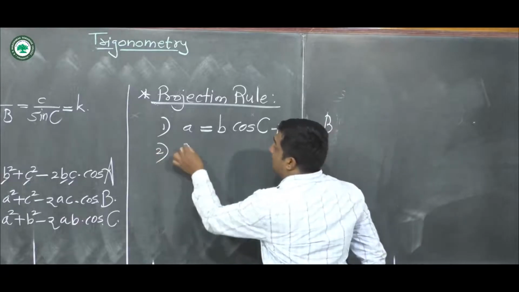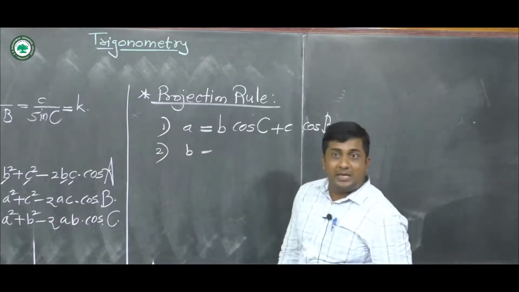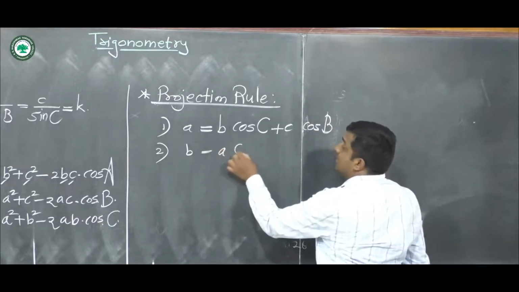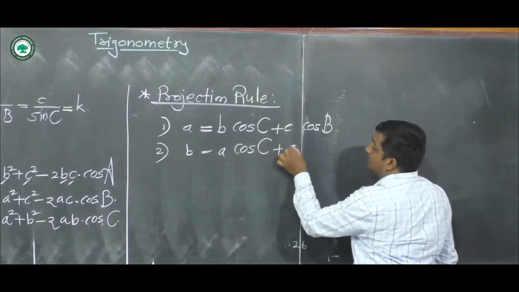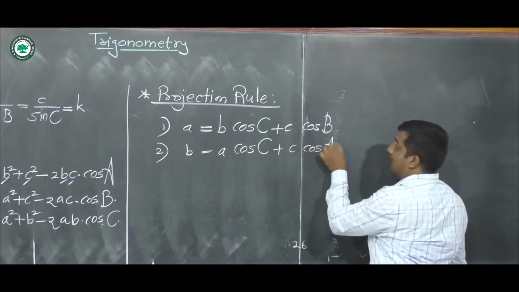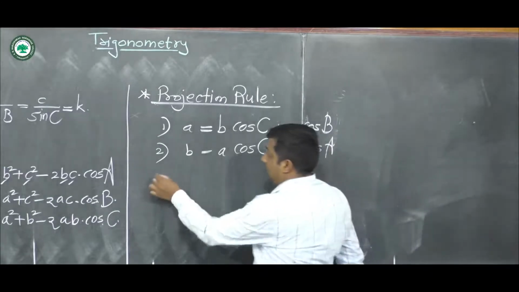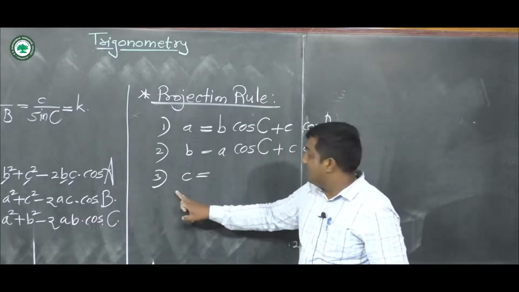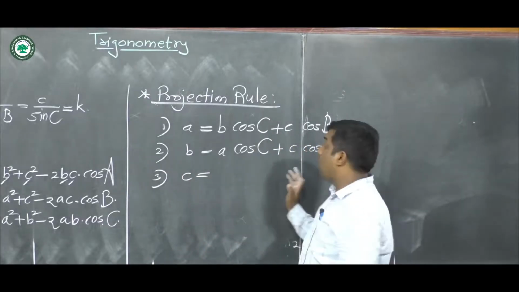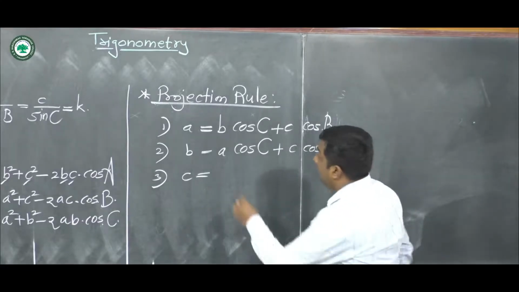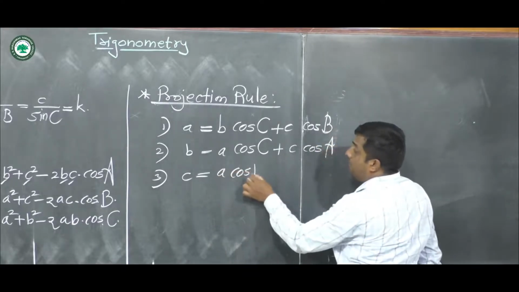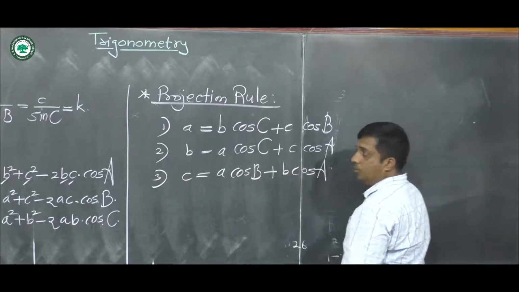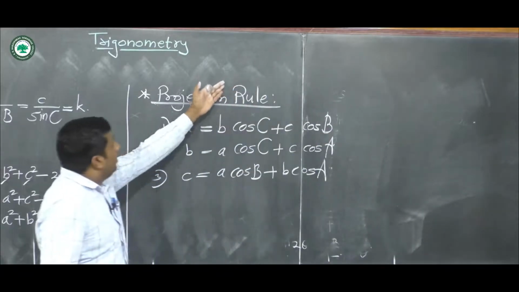Then if we consider b on one side, then in opposite side we consider a and c. Okay, so here a cos C plus c cos A. And in last, in third, if we consider c on one side, small c means length of the side, then in opposite side we consider a and b, that is here a cos B plus b cos A. So this is our projection rule.